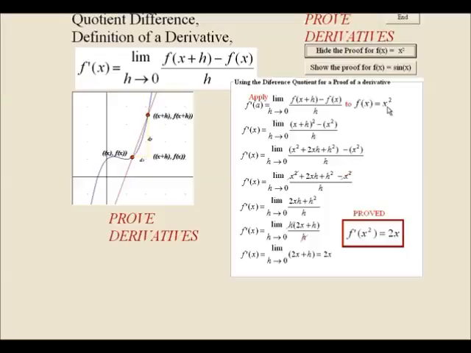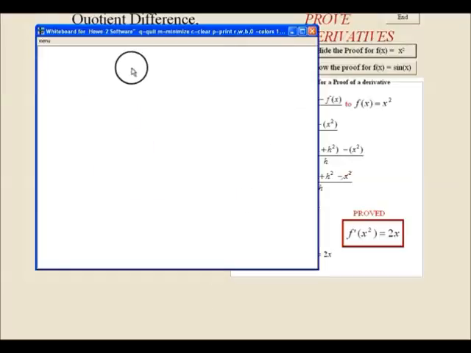As the calculus goes on, you will see that this is the power rule. If f of x is equal to x squared, your teacher has probably taught you this already. The derivative is 2x. I go through this with my students.